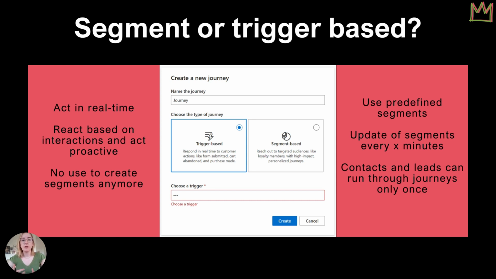So we can even be a bit proactive maybe. So something happens, the customer does something, they buy something, they want to leave us, they have something in their shopping cart. All these things can be a trigger for our journey. And of course, the best thing is we don't have to create segments anymore because then our journey always starts with a trigger.